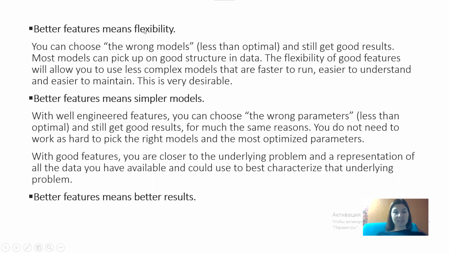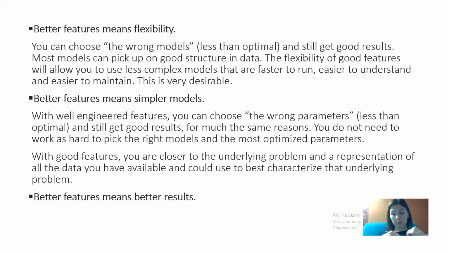Better features means flexibility. What does it mean? It means that you can choose some wrong or less optimal model and still get good results. Most models can pick up on good structure in data, and the flexibility of good features will allow you to use less complex models that are faster to run, easy to understand, and easy to maintain.